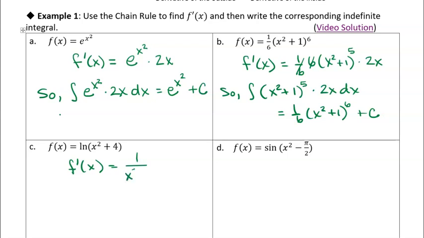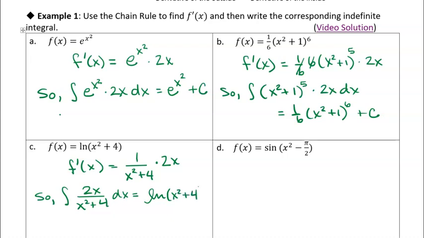We leave the inside function as it is, and then we multiply it times the derivative of the inside function. Okay? So that tells us that the antiderivative of 2x over x squared plus 4 dx is going to be ln of x squared plus 4 plus c.